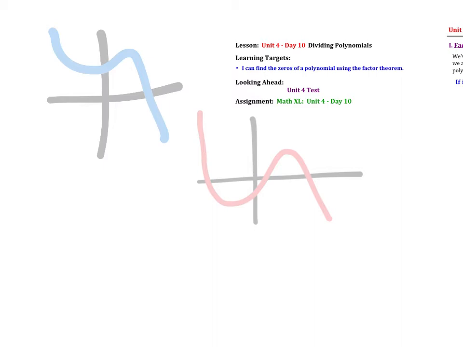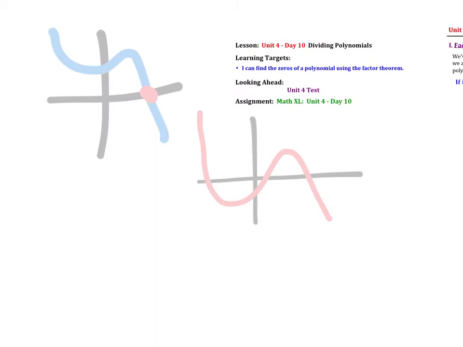Well, now I've only got 1 x-intercept, but I know that there has to be 3 solutions, so the other 2 are manifesting as imaginary roots. There's no way for me to find that on the graph. They don't appear on the graph, so I have to use algebraic methods. That's where this will come into play.